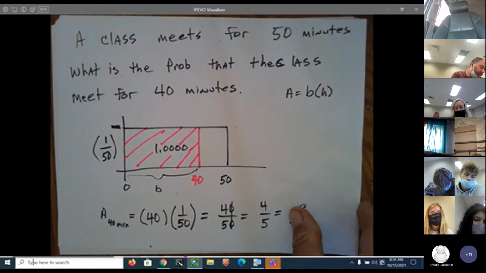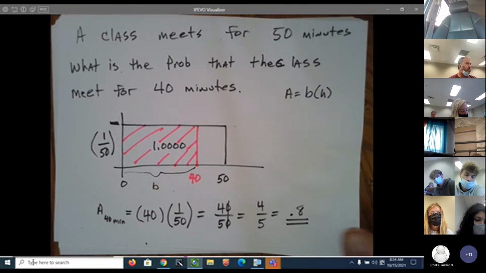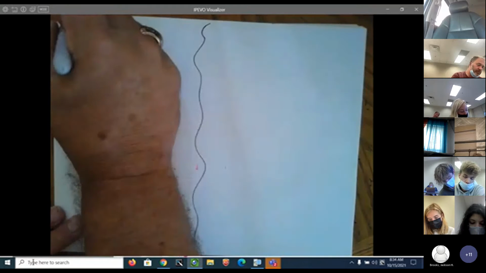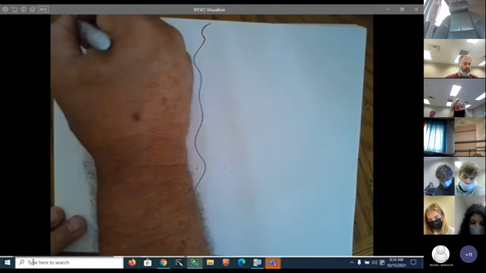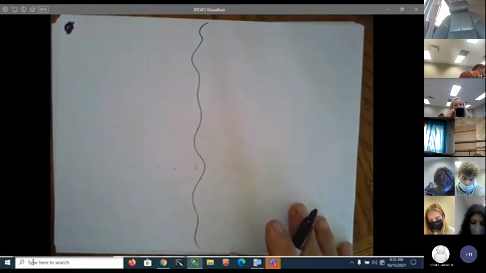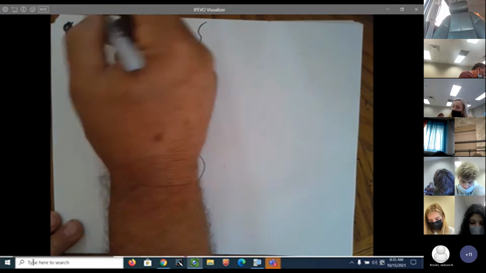Now I want to get to 7.1, 7.2. Now, there's 2 types of questions in 7.1 and 7.2. There is the uniform distribution, and then there is normal distribution.